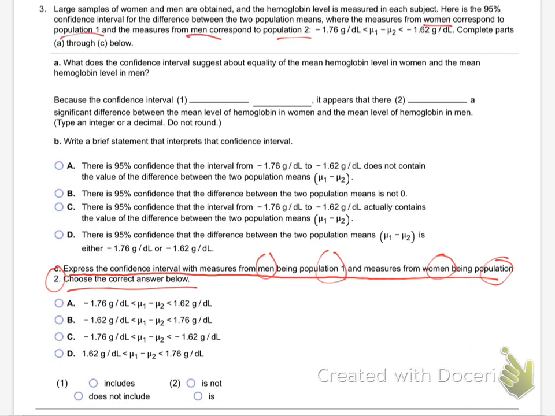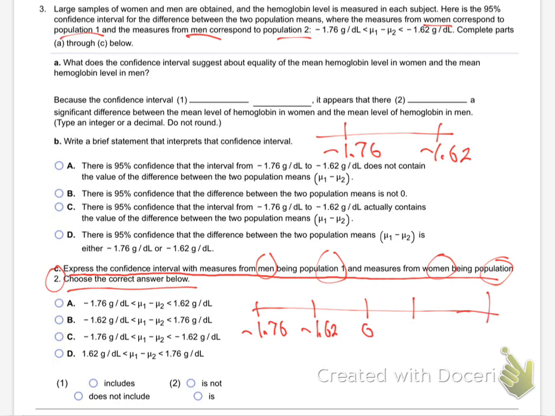So what happened? We had the interval from up here. It went from negative 1.76 to negative 1.62. If you switch that around, here's 0. If you switch it around, those both become positive. This becomes positive 1.62, and this becomes positive 1.76.